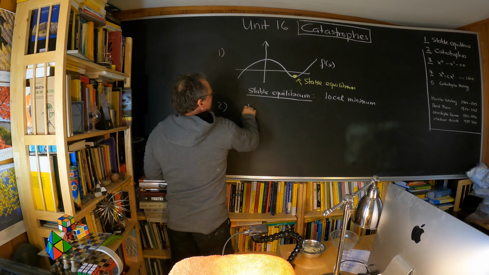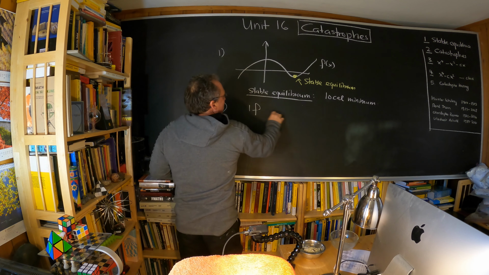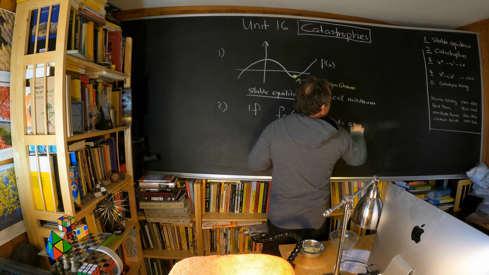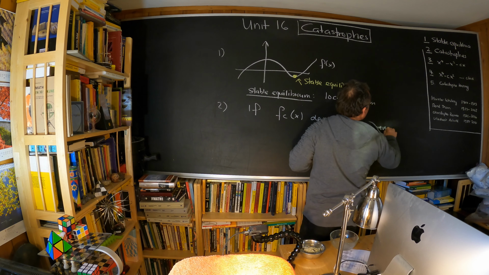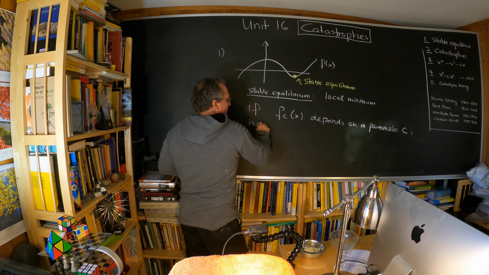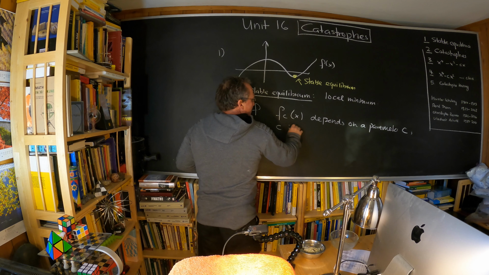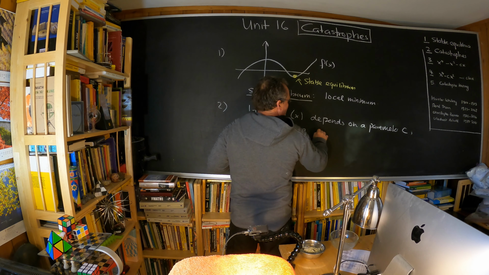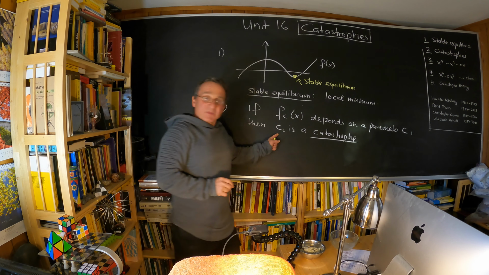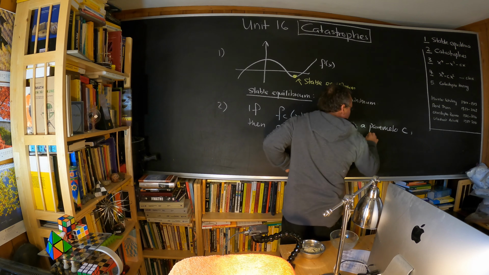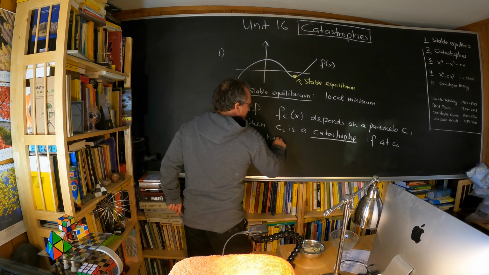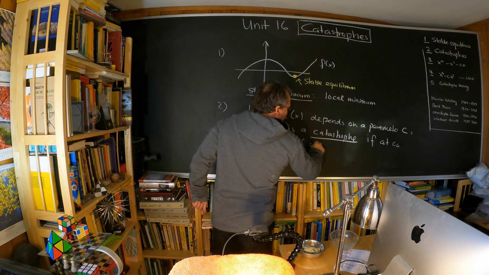Two is a catastrophe: if f depends on a parameter c, then a parameter value c0 is called a catastrophe if at c0 the number of stable equilibria changes.